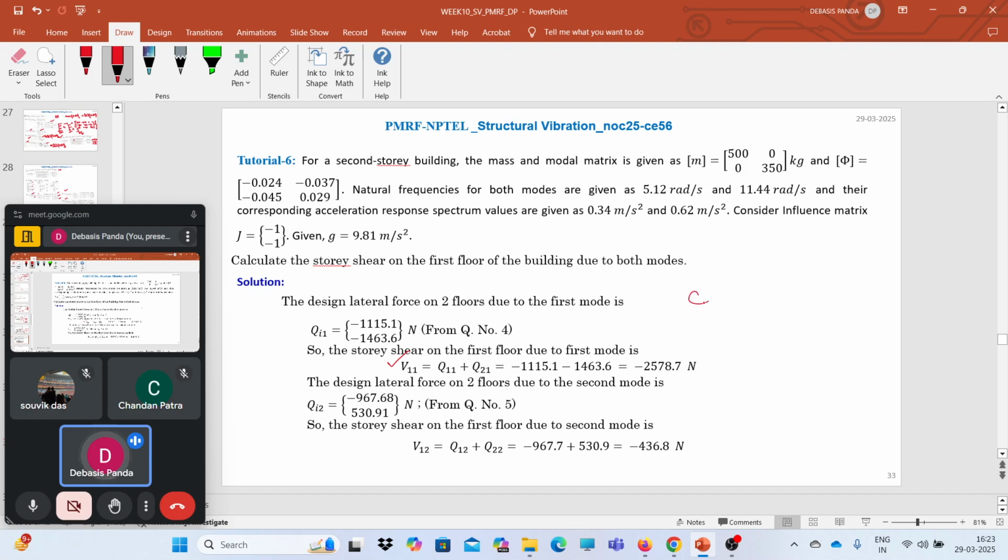We have found the value of Q1. It contained the values of Q11 and Q12, and we also have Q2, which is Q22 and Q12, right?